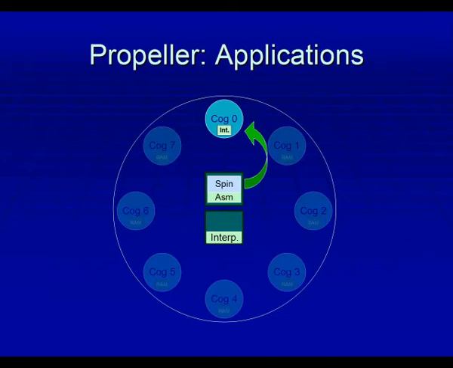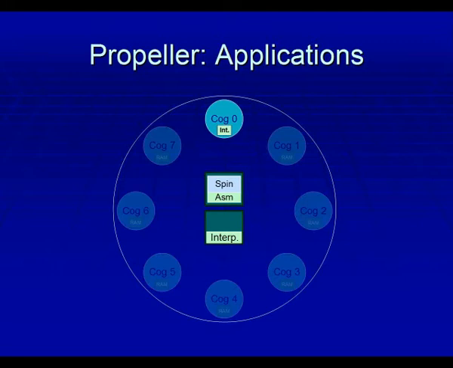As that interpreter runs, it fetches little bits of Spin tokens from the main RAM and optionally writes data back. Actually, quite often it writes data back because all the variable storage for the application exists in the main RAM rather than inside of the cog.